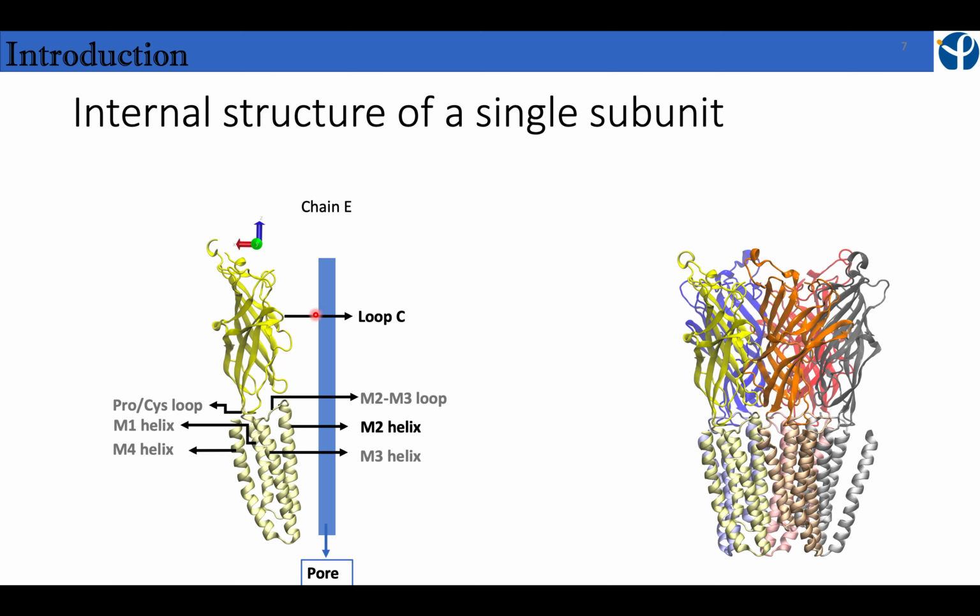One of them is loop C, and other functionally important loops are between the ECD and TMD. For example, the pro-cis loop, the M2-M3 loop, and loop F are some other important functional loops.